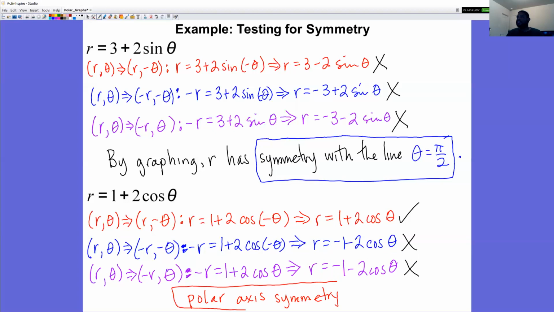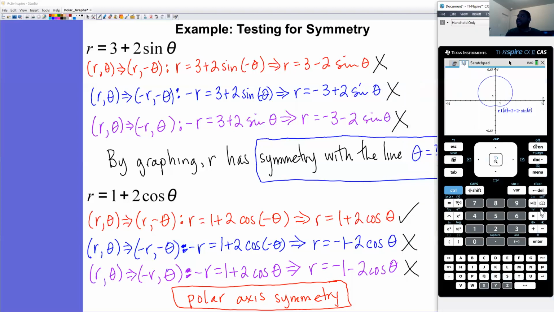And I will verify this with the calculator as well. So I'm using the calculator not to get my answer, but to verify my answer. So I'm going to type in 1 plus 2 cosine theta.